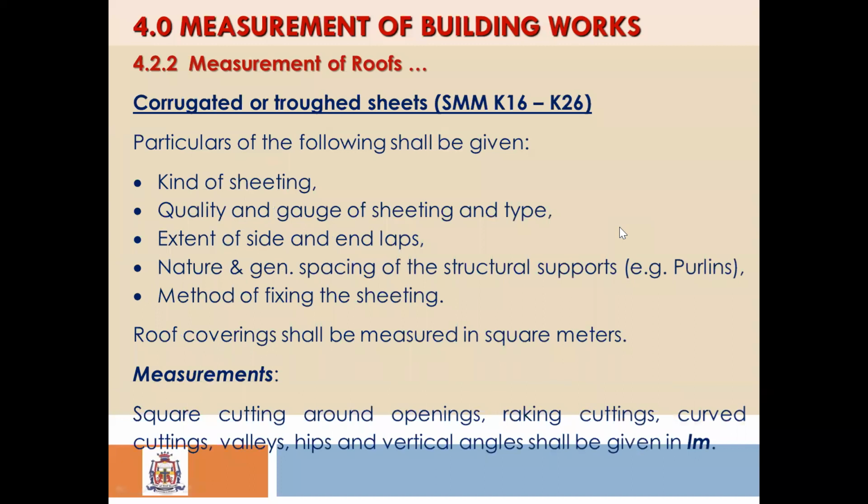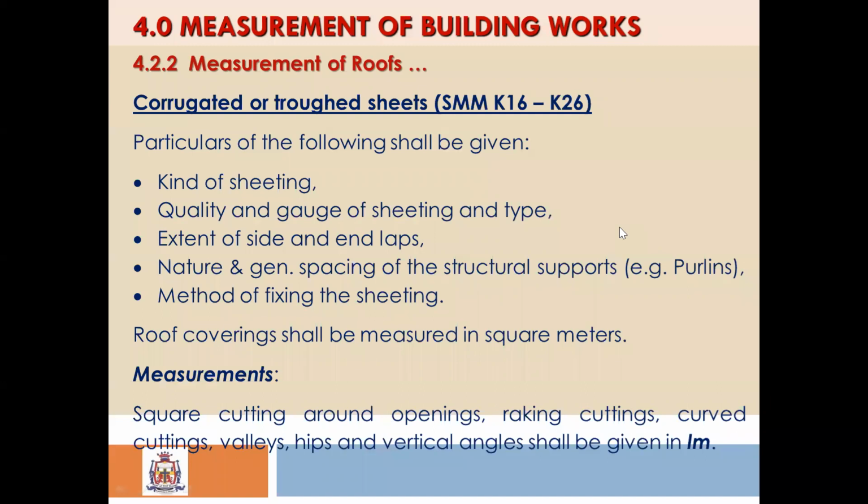When you talk about roofs, corrugated or trough sheets, the second example, corrugated or trough sheets, the SMM is K16 to K26.